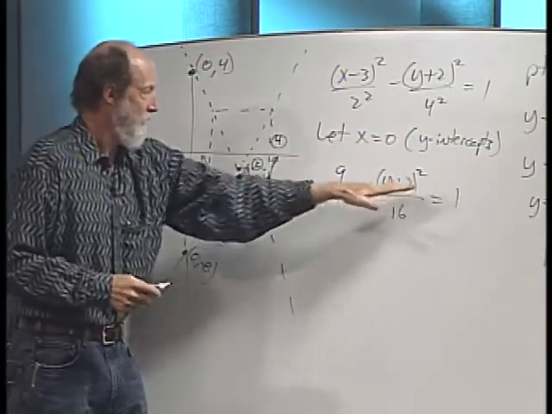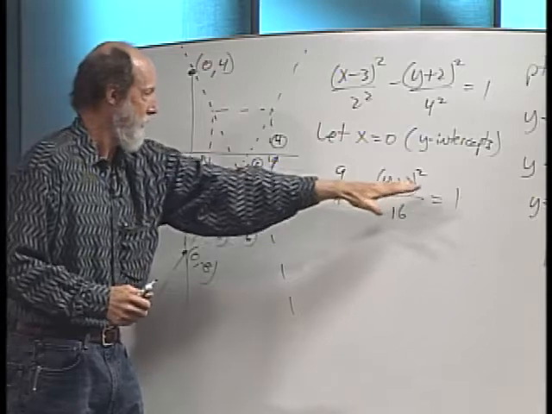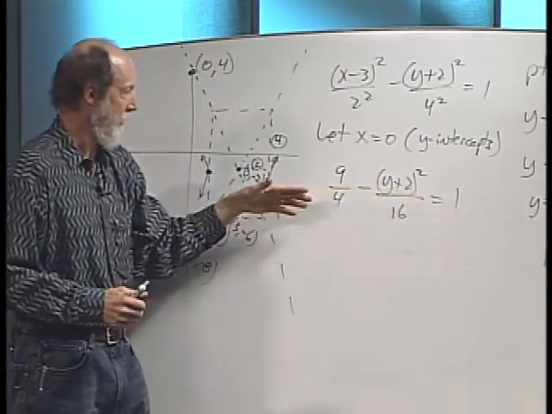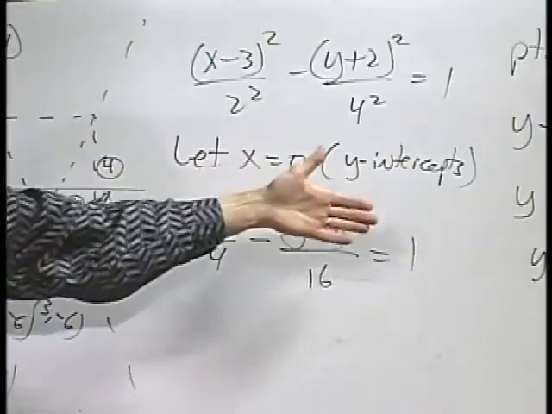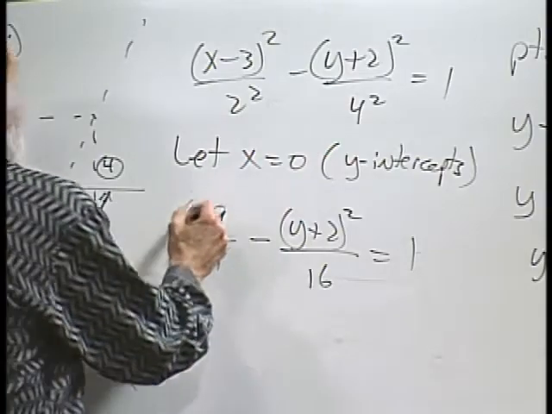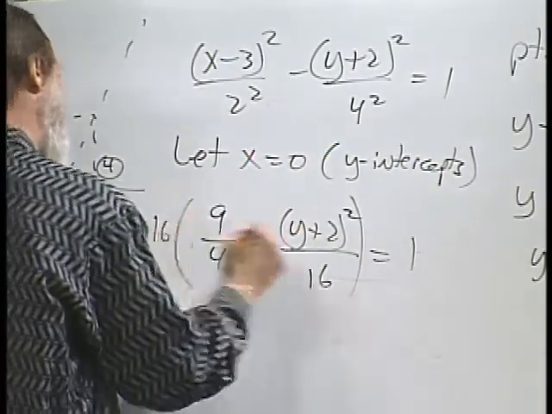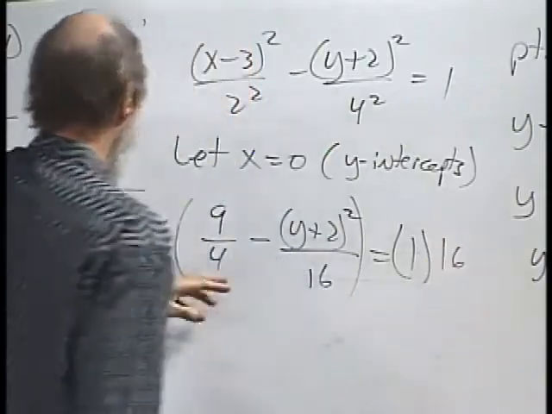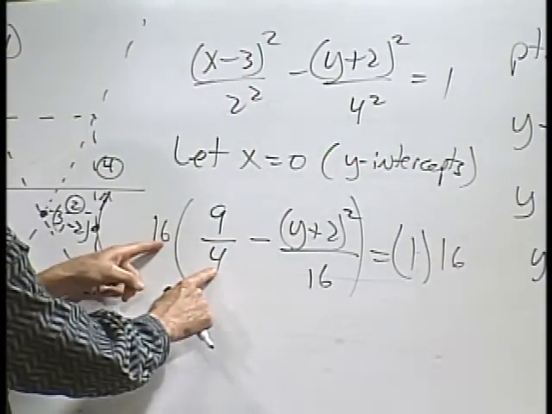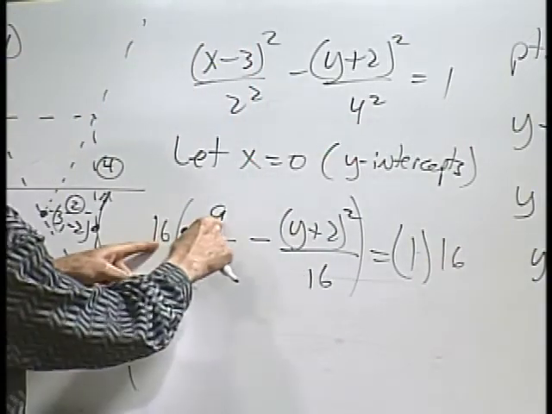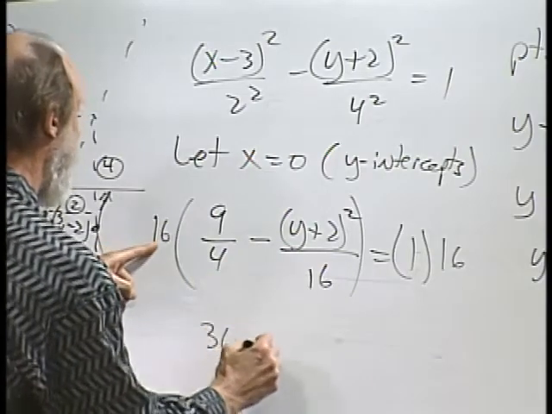The best way to clean up fractional equations is to find the common denominator of all your fractions. In this case, it's 16. Multiply both sides by 16. So multiplying both sides by 16, we end up, be careful, 4 goes into 16 4 times. 4 times 9, 36.